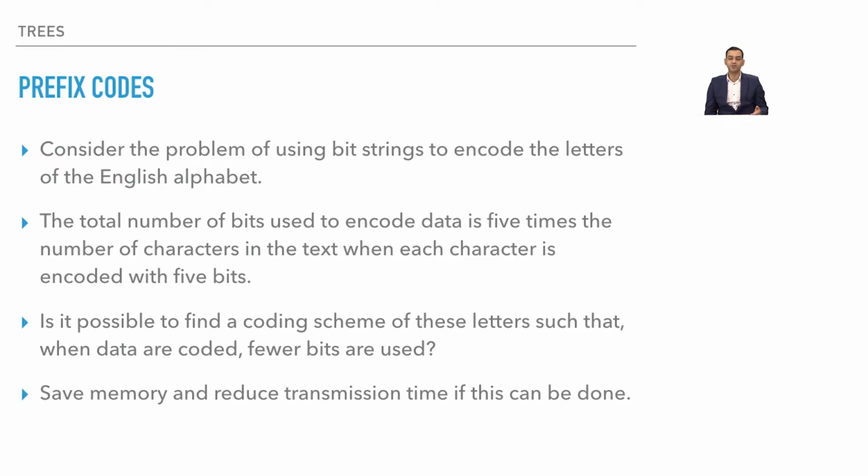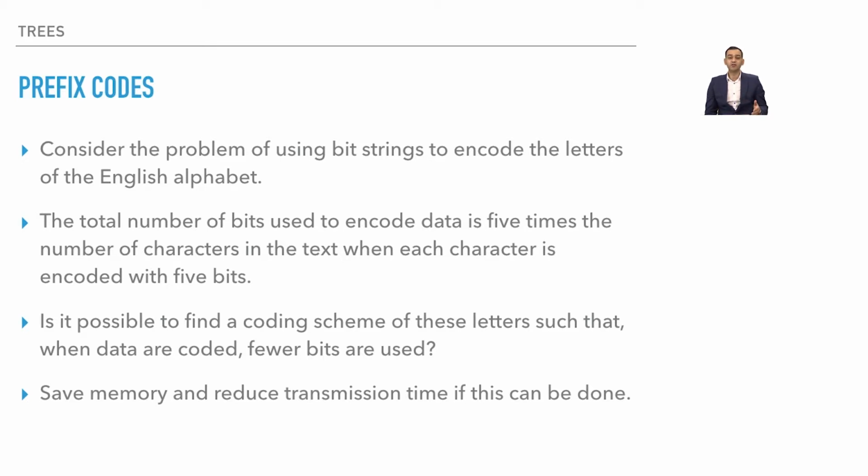The total number of bits used to encode data is 5 times the number of characters in the text when each character is encoded with 5 bits. Is it possible to find a coding scheme for these letters such that when data are coded, fewer bits are used? We can save memory and reduce transmission time if this can be done.